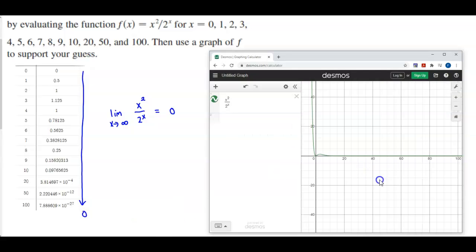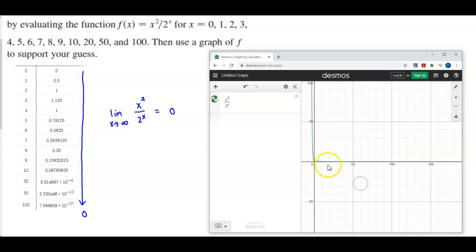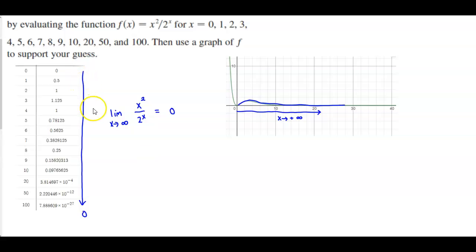Let me zoom in a little bit here. If we trace our graph, as x increases from 20, 27, 28, look at the value of y. It's 0. And as we keep going and going to positive infinity, it's staying at 0, and at 0, at 0. So therefore, that confirms our table of results.